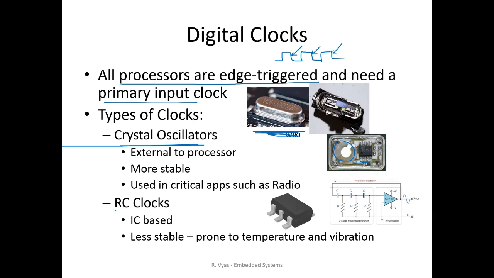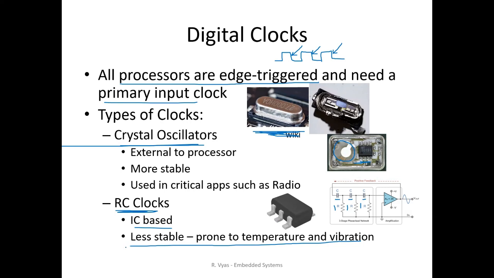You also have built-in RC oscillators that are implemented within the IC itself. It's nothing but a bank of capacitors and resistors that produce the RC time constant and delay, and they use this to produce clocks. The good thing is it's IC based and implemented using MOSFET switches, so it's more tunable. The bad thing is it tends to be less stable, prone to temperature and vibration changes.